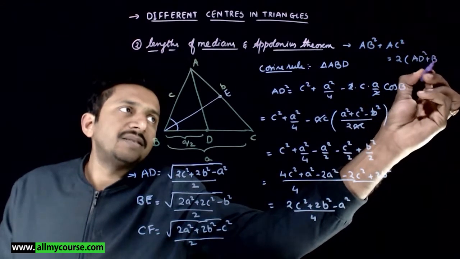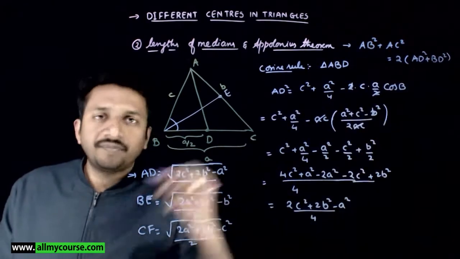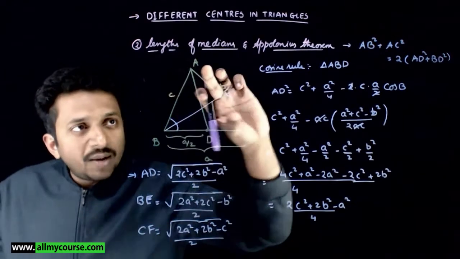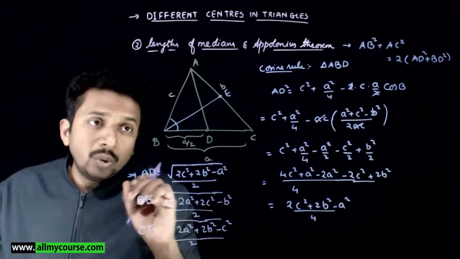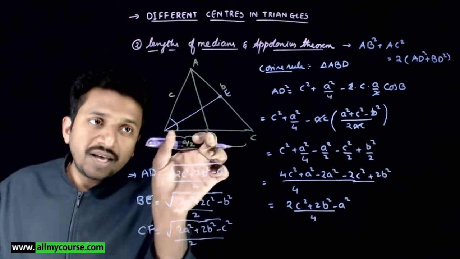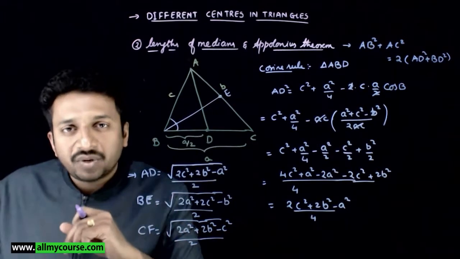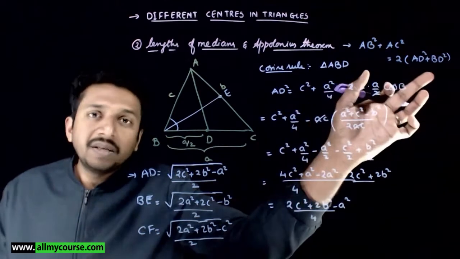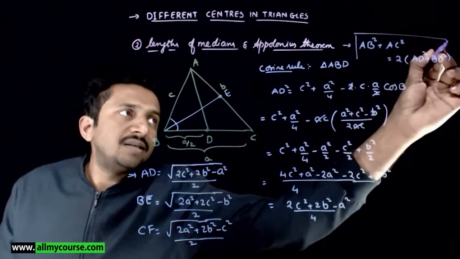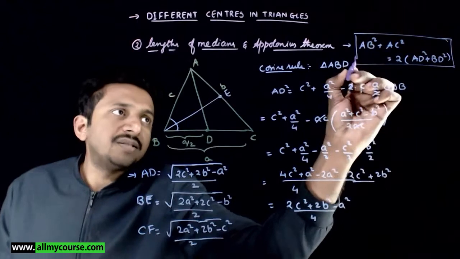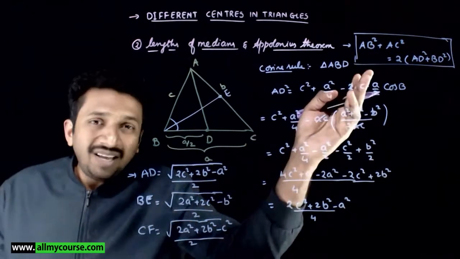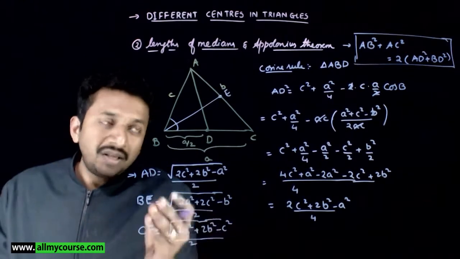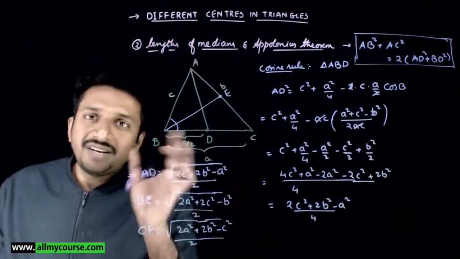So this square plus this square, the sum of squares of two adjacent sides, is equal to 2 times the median square plus BD square. This theorem is called Apollonius theorem. This is also a very important theorem in properties of triangles. You can very easily derive this once you use the formula for AD square.